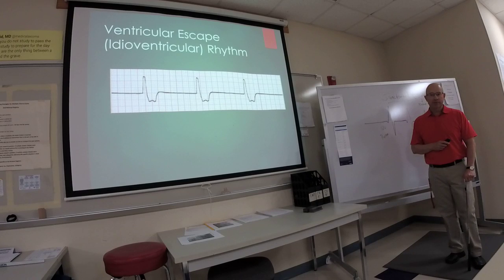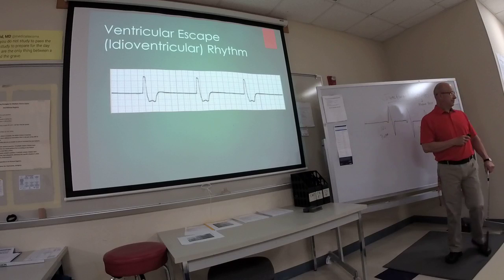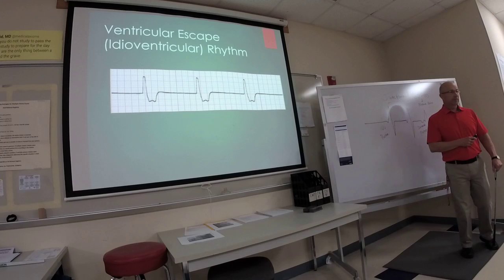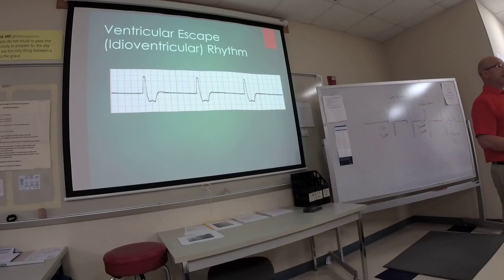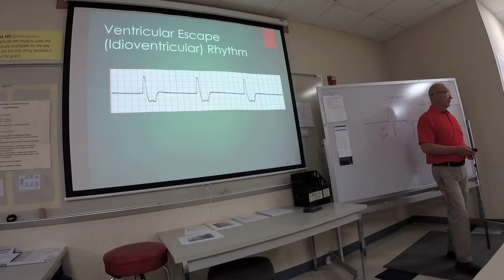At first glance, you could get that confused with what rhythm? We just talked about it. Junctional. Why could you get that confused with the junctional rhythm? Because there's no P wave, correct. Why is it not a junctional rhythm?